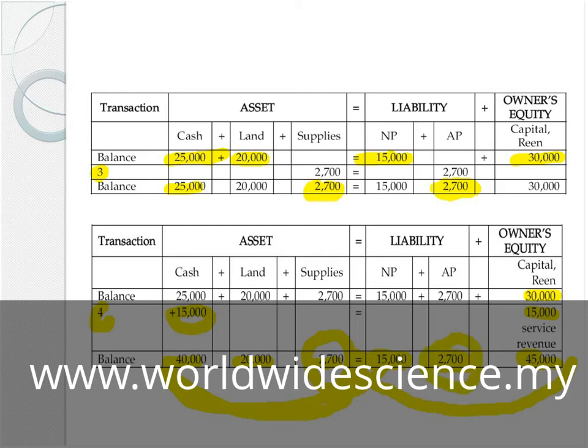So you just lost these two figures. But here the assets will equal liability plus capital, and in total will be 62,700. Yes, right?